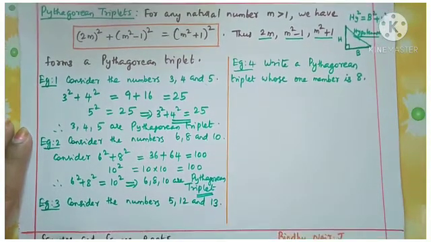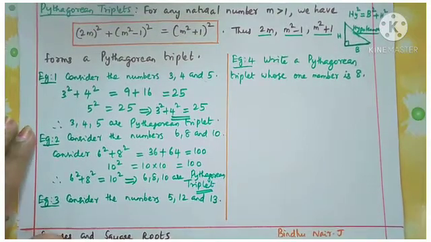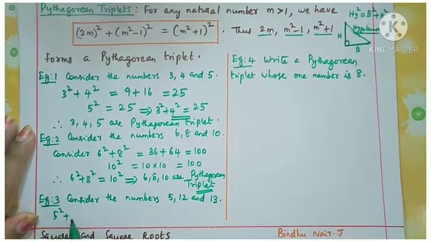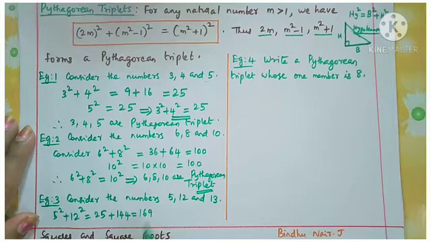Understood? So the next problem, here also we have considered three numbers 5, 12 and 13. 13 is the biggest number. So take the squares of the two smaller numbers, 5 square plus 12 square, and add. 5 square is 25 plus 12 square is 144, 12 into 12. When you add these two, it is 169.